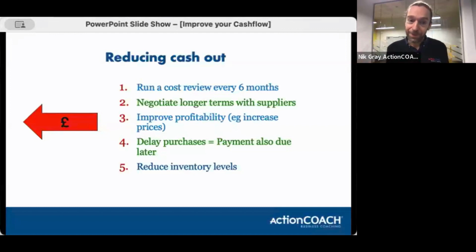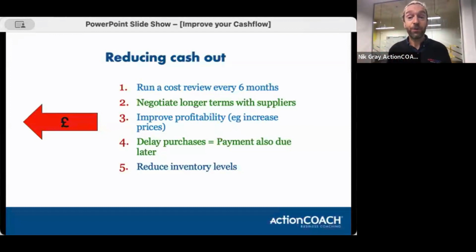Improve profitability. Sounds simple, doesn't it? But more profit will impact the cash position in the business. So what about increasing the prices in the business? Delaying purchases. If you delay the purchase, then obviously the payment's due later.